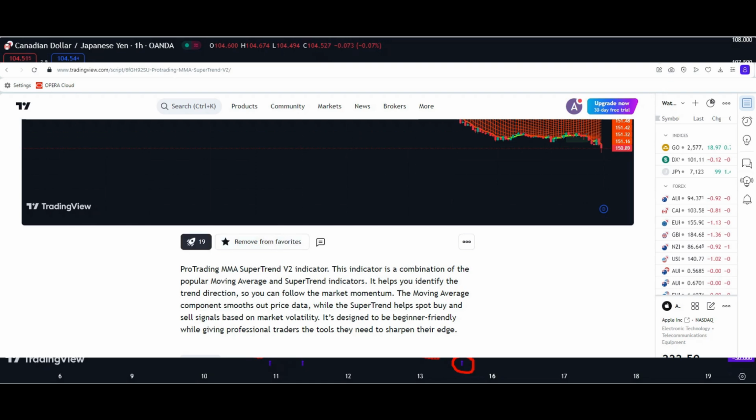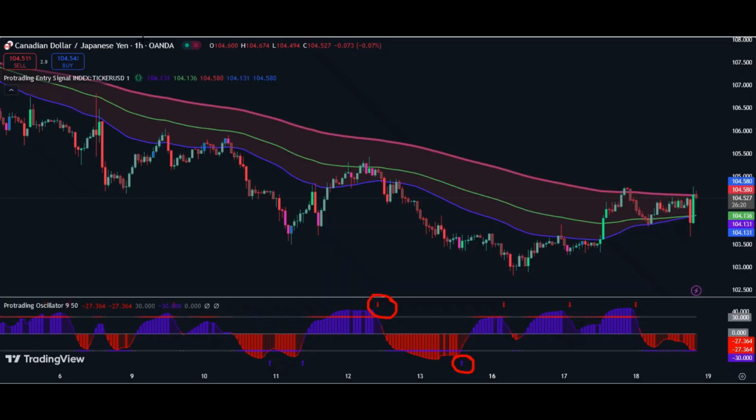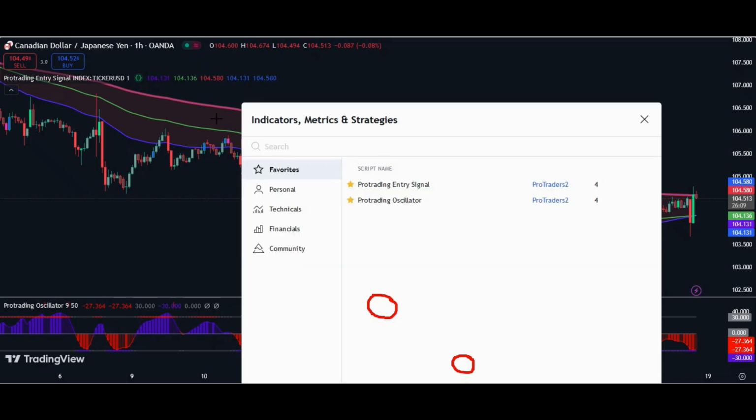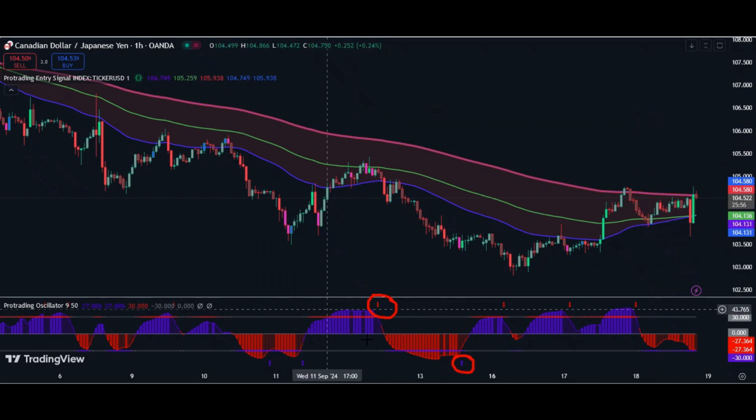Once the indicator is added to your trading account, the next thing you do is go to indicators on your TradingView account, click on it, and you see it in your favorites. You are going to see the two indicators showing in your favorites. Click on them, then you can add them to your chart as I have here on my chart.